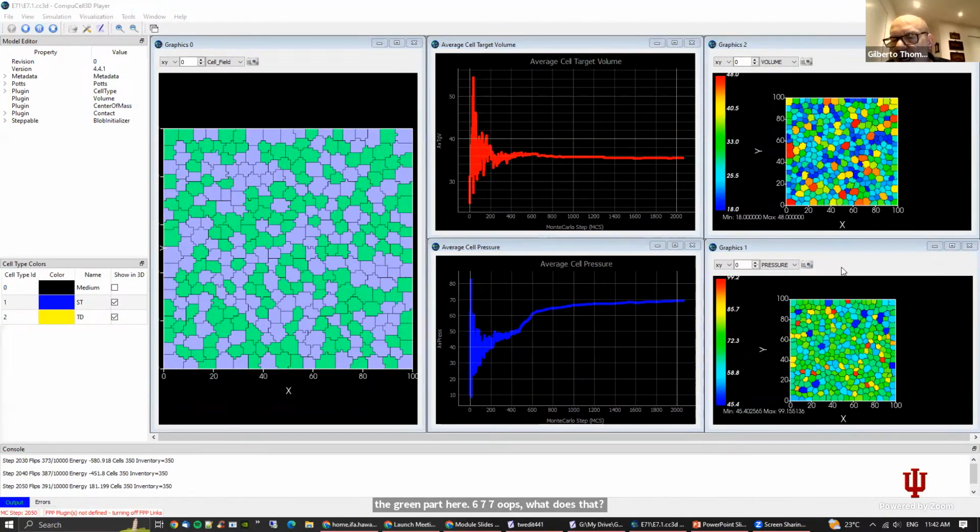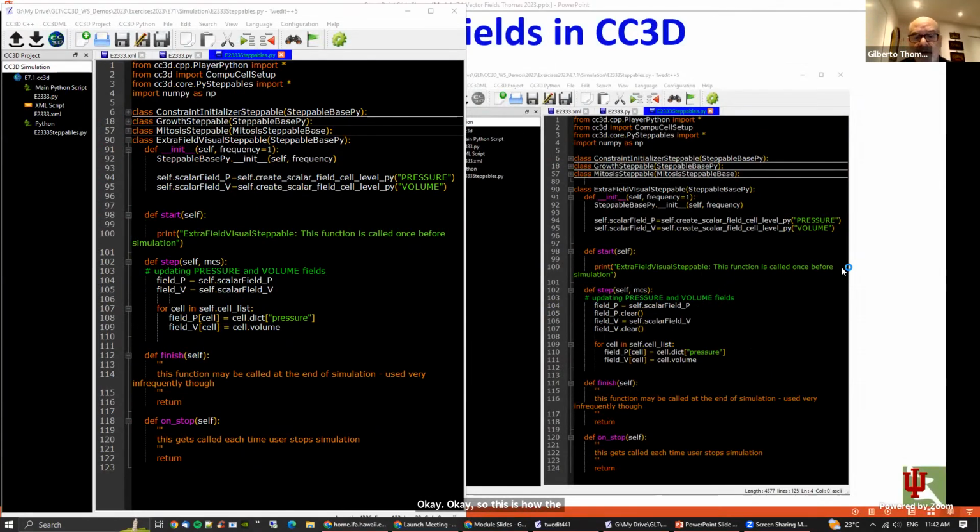Okay, so this is how the scalar field works. So you just need the color.